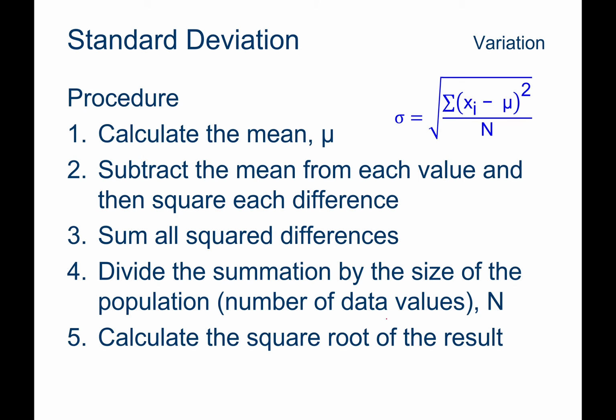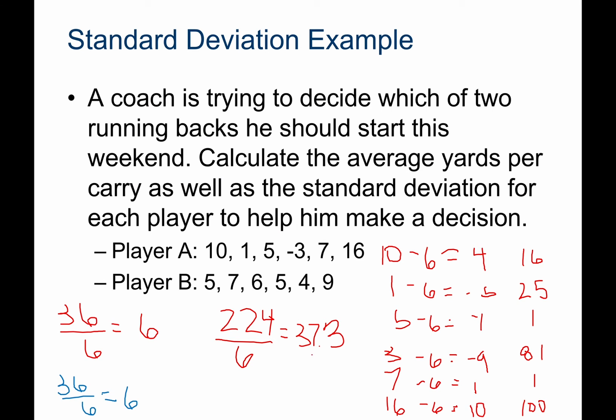So if I look back here, my final step, calculate the square root of the result. So then I do the square root of 37.3. And I should end up with 6.1.